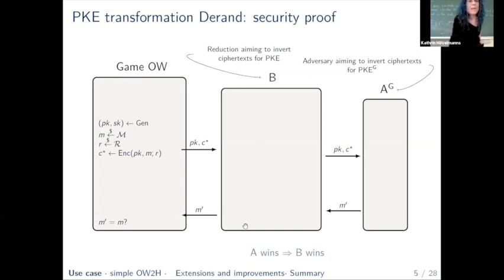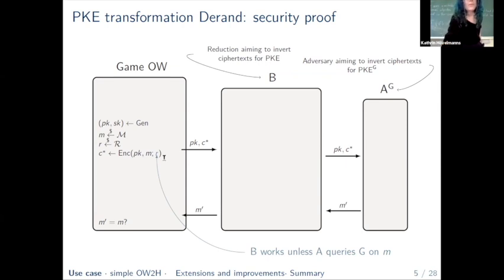But the view of A is not perfectly consistent because A expects a deterministic encryption, whereas B obtained a random encryption, meaning that the reduction only works unless A has queried the random oracle on the challenge plaintext.